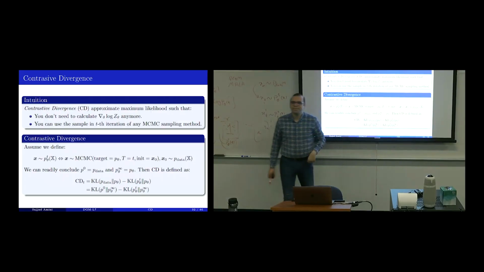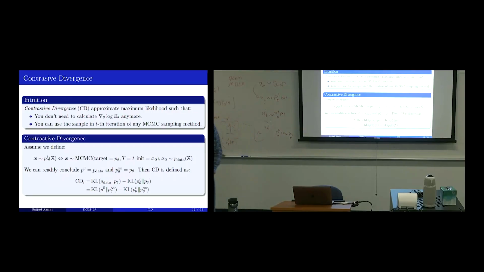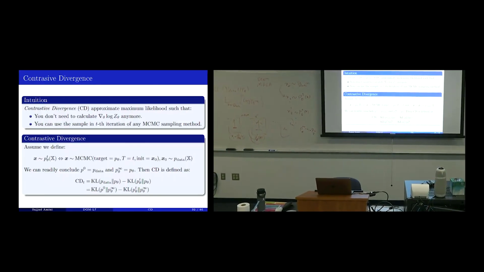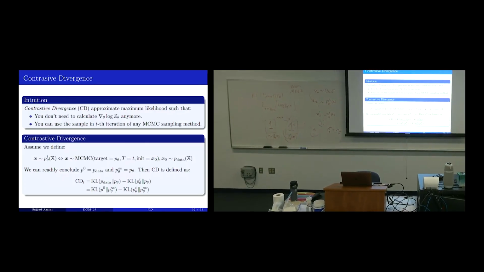Clear? Yes. But we don't know the P infinity. Yes. We do not want to calculate samples from P infinity. This is the trick that CD wants to apply. Yes. At the final stage, the P theta that we want is the normalized version. We do not find the P theta. We just find samples. So you don't care if it's normalized or unnormalized because you just want the samples.